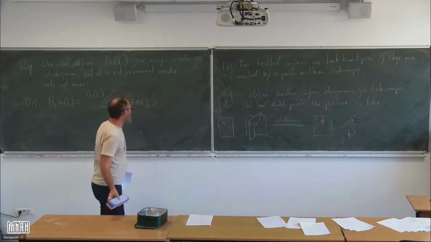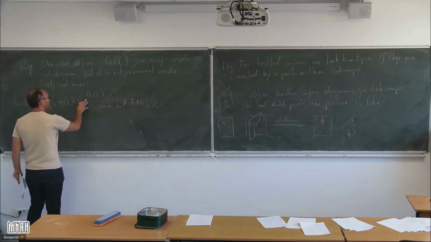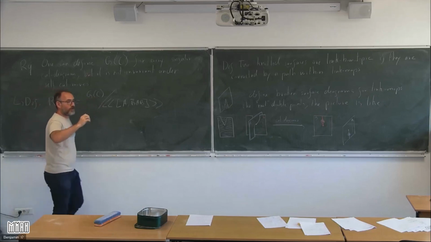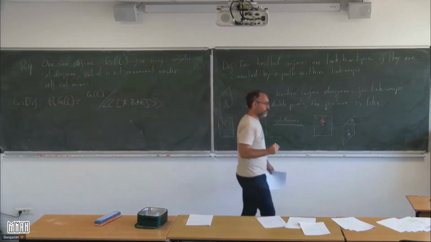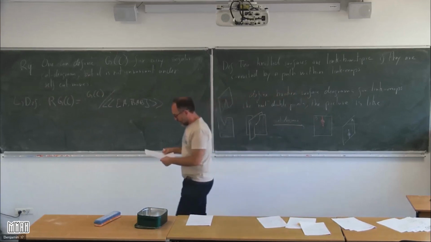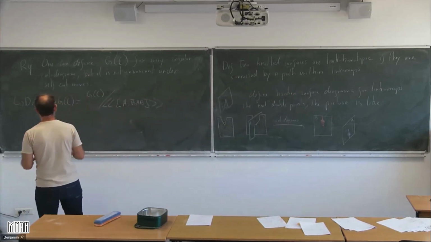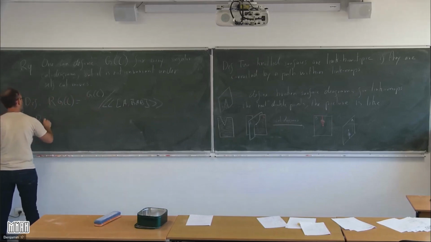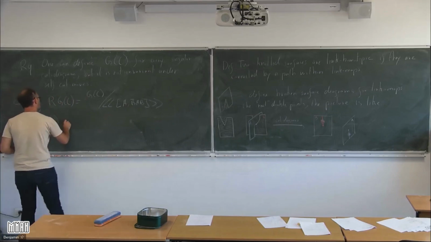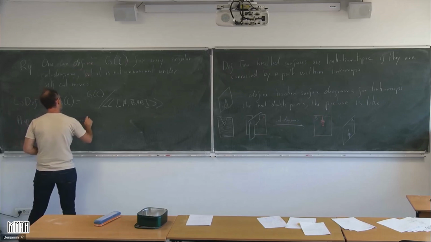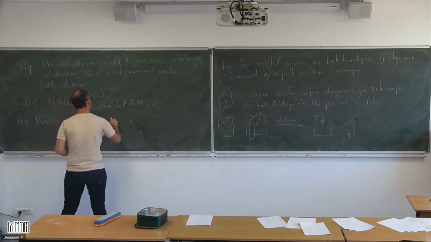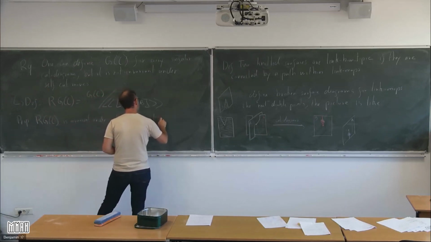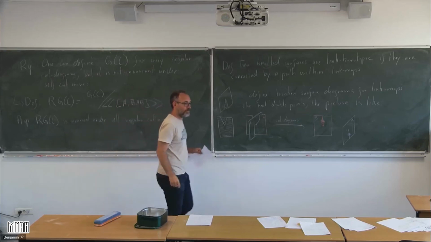Okay, so I defined the reduced quotient. This is the biggest quotient such that every generator commutes with all its conjugates. So this is the reduced quotient, and proposition: this group is invariant under all singular cut moves.